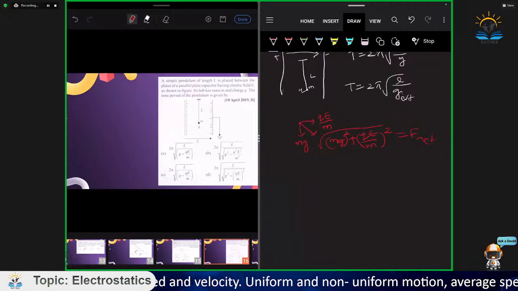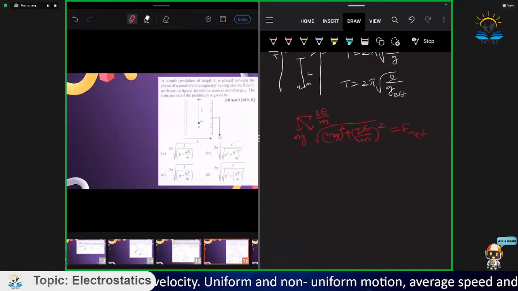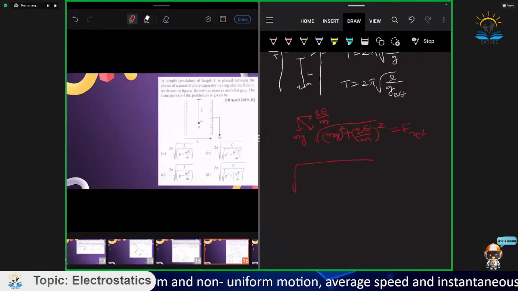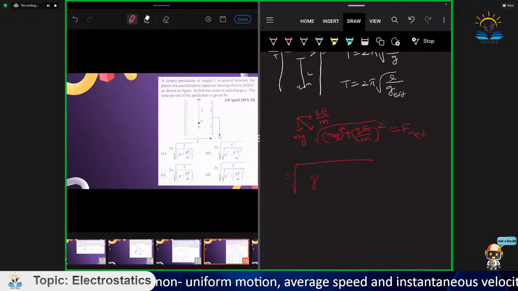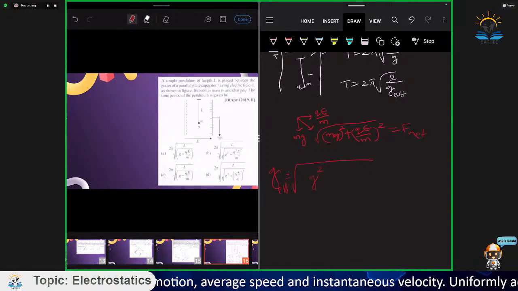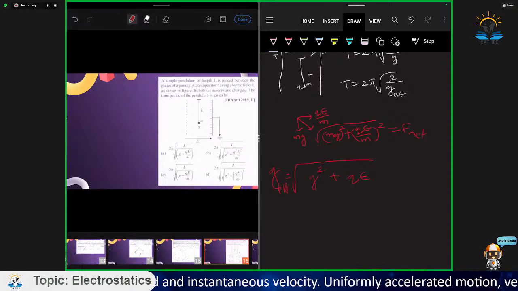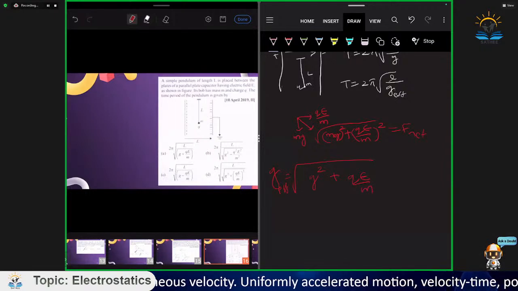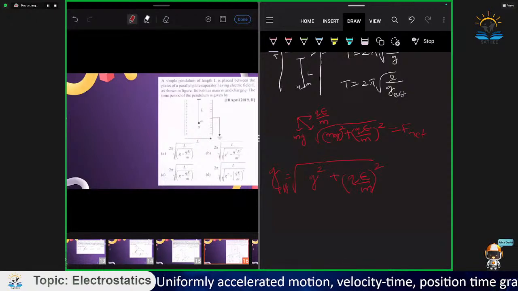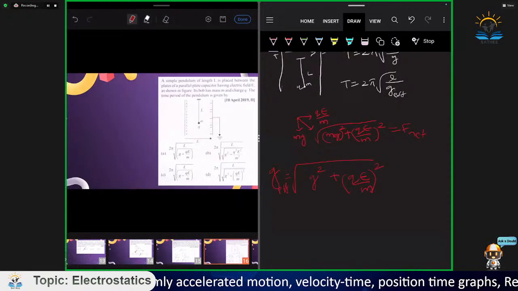You have to find out the g effective, that means the acceleration. So net acceleration will be divided by mass. So g effective will be, by dividing mass, root of g square plus qE by m whole square. Easy.